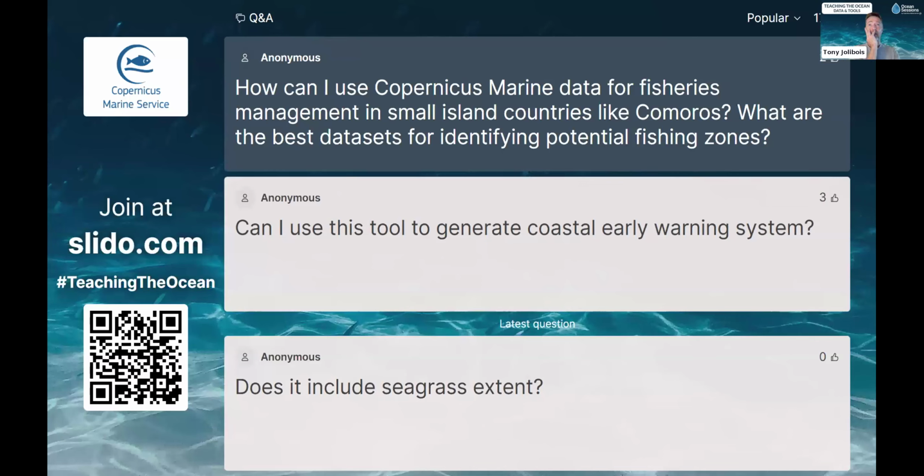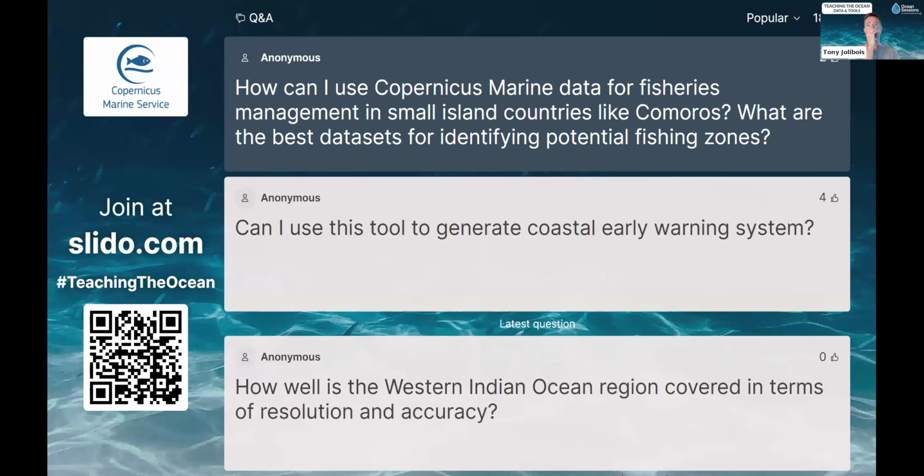Well, identifying fishing zones typically relies on a combination of physical and biogeochemical data, such as sea surface temperature, chlorophyll concentration, ocean currents and fronts. So yeah, again, it's quite a wide question.